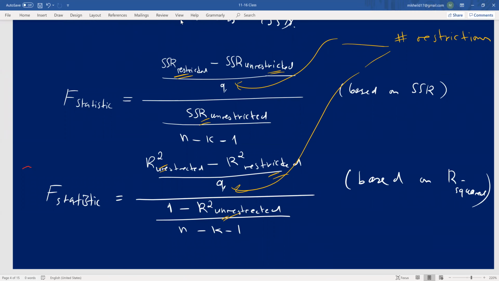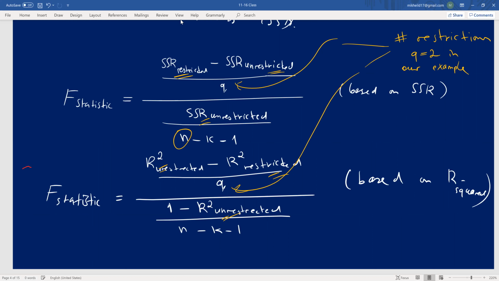In our example, the number of restrictions was what? 2. Right. Okay, good. Because we had only 2 restrictions, beta 4 was 0 and beta 5 was 0. That was the only 2 restrictions we had.